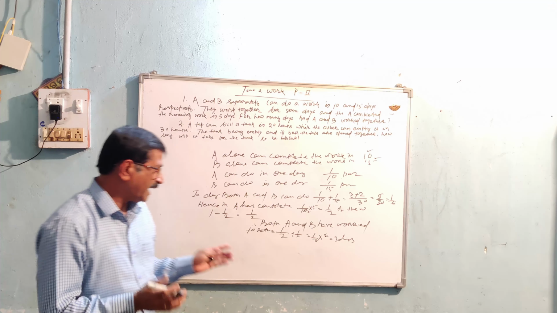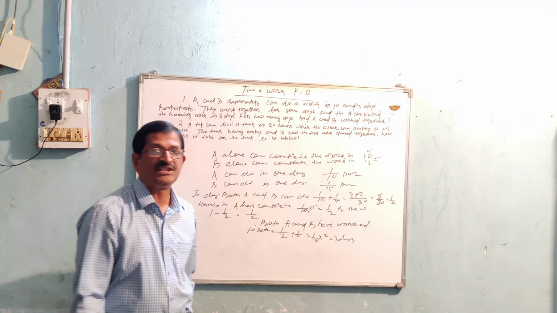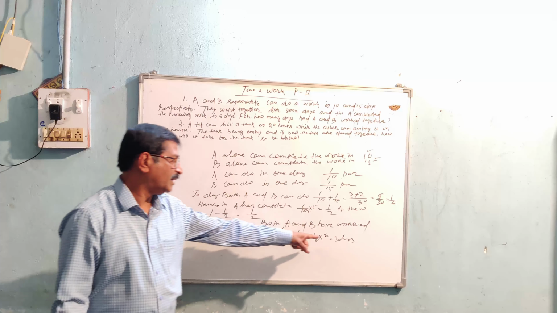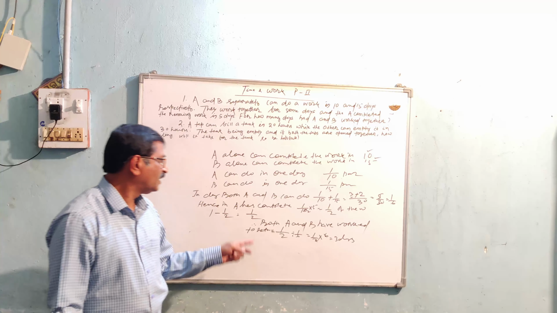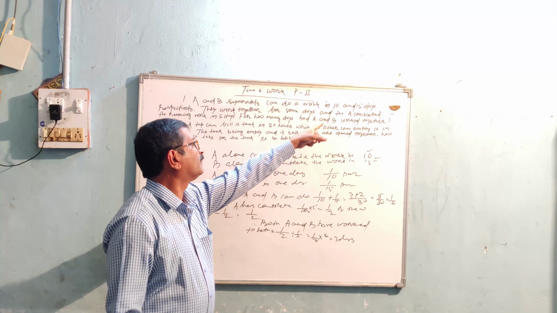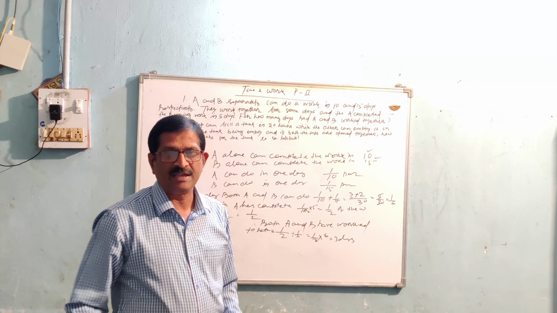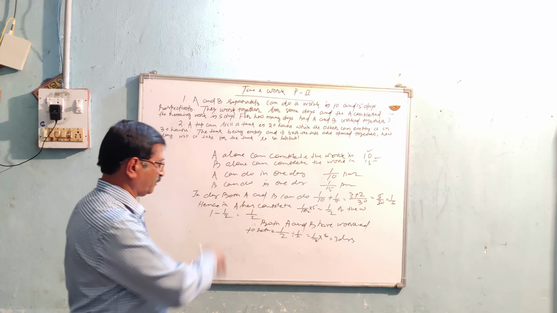So both A and B have worked for 3 days. It has been asked how many days both have worked together, and they have worked together for 3 days. This is the first problem.